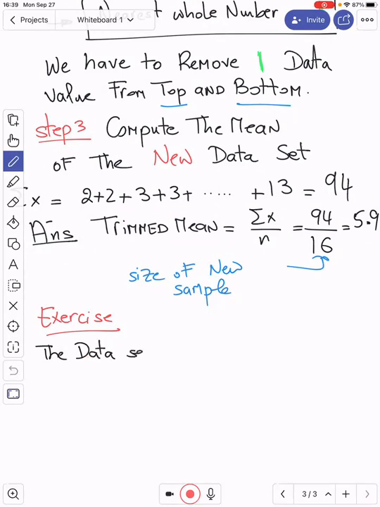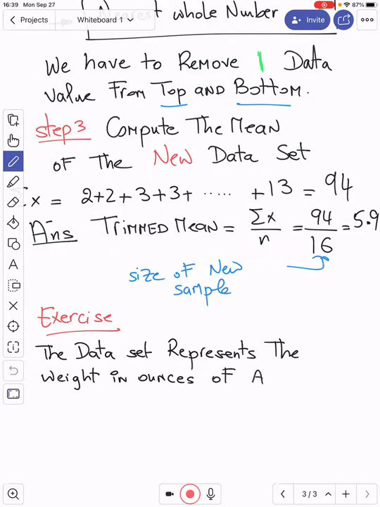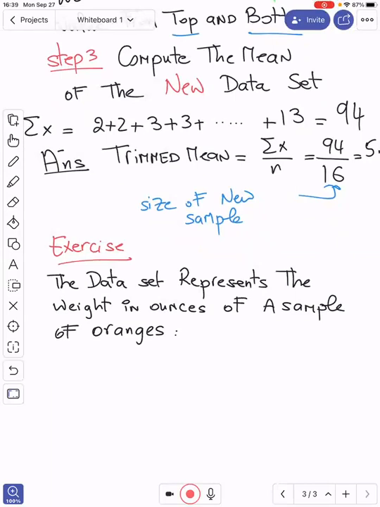The data set represents the weight, let's say in ounces, of a sample of oranges. So let's see the weight of the oranges.